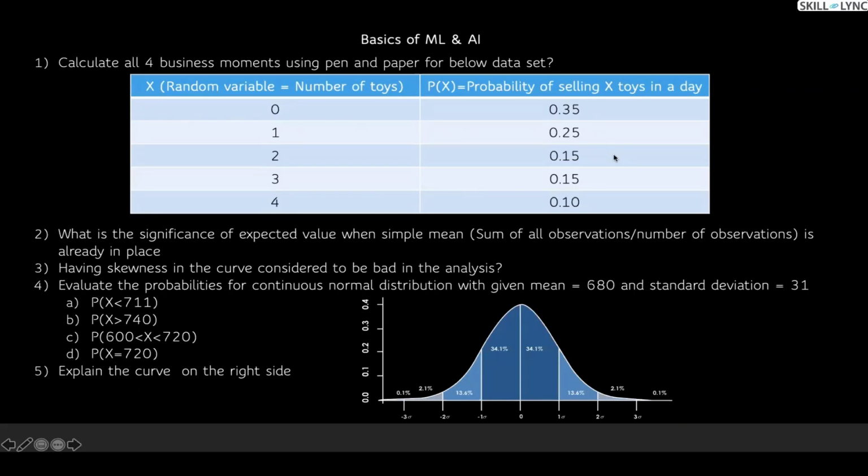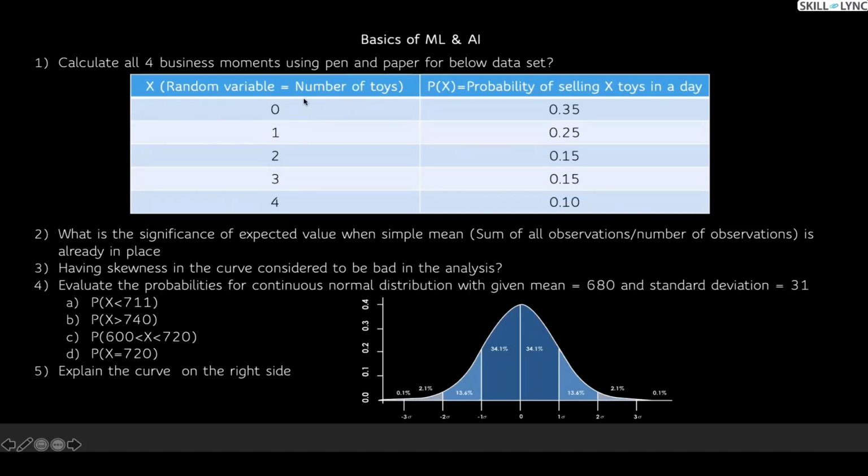So what is the mean which you got? Naga? 1.4. Okay, great. So what does this expected value 1.4 mean now? That means, see, 1.4 is between 1 and 2, right? And more towards 1 because it is 1.4.